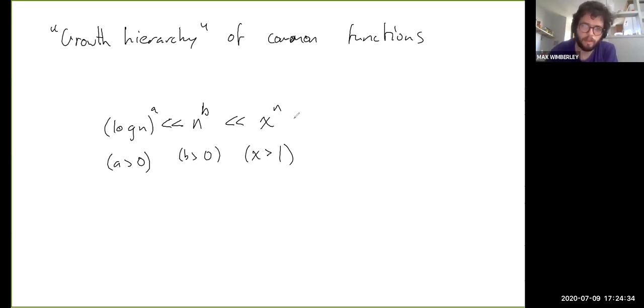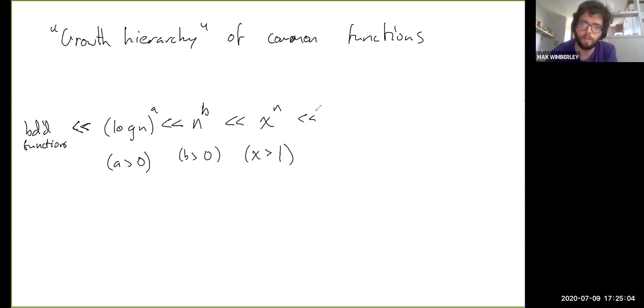And then of course you'd have bounded functions, because those just don't grow asymptotically, they just stay bounded. And then from this collection of things, you can get a lot of other stuff.